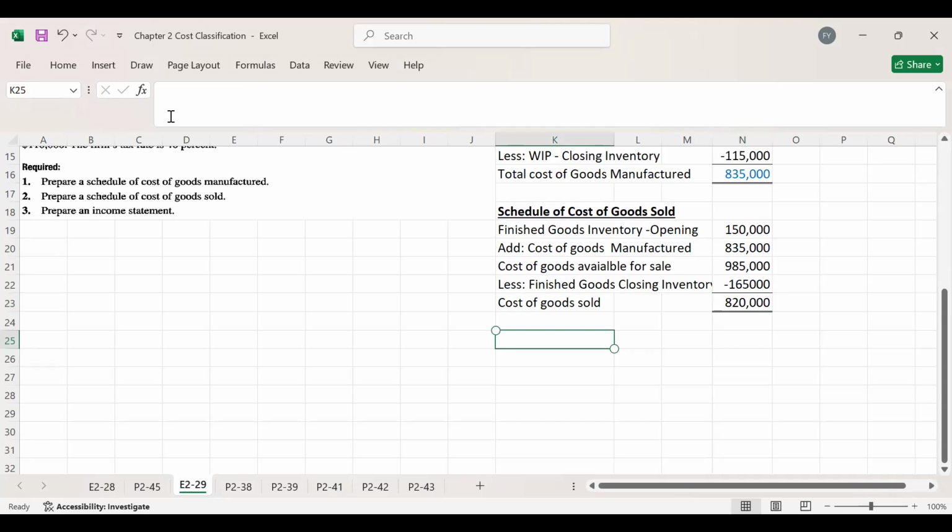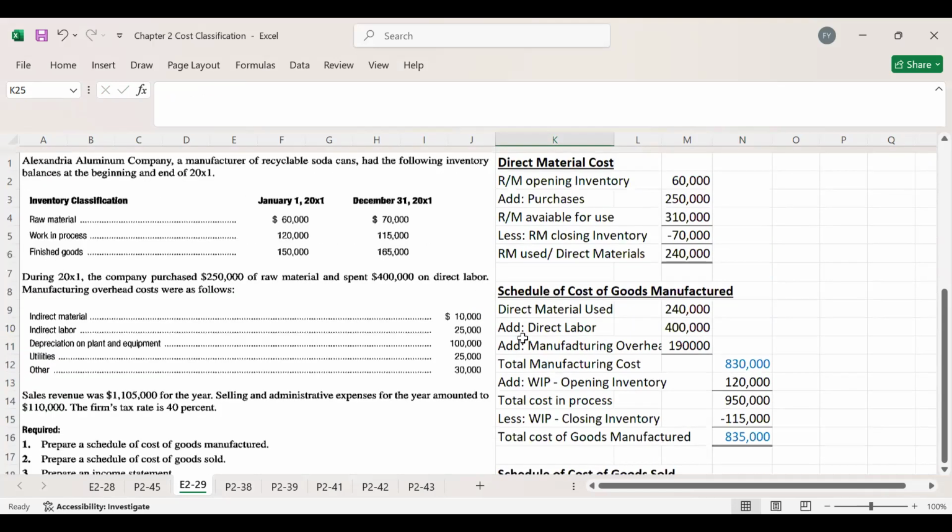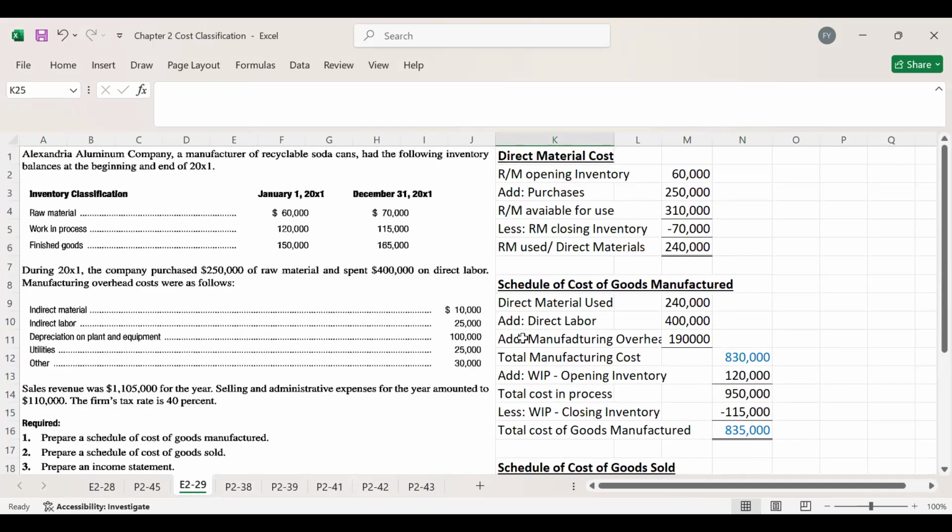The last calculation is to prepare the income statement. For the income statement, three main headings are required. First of all, the name of the company, which is Alexandria Aluminium Company.